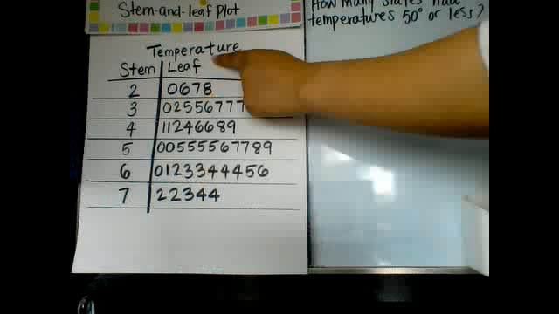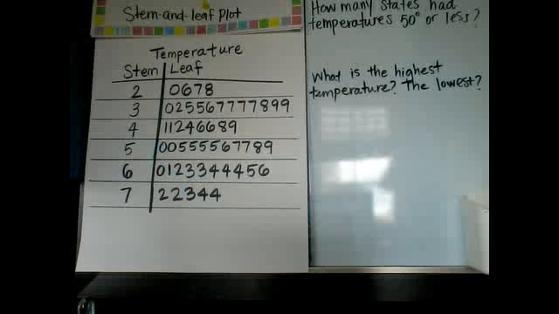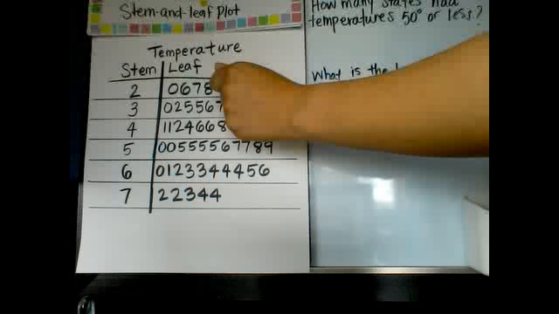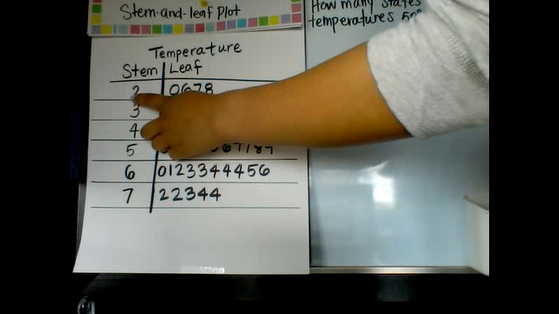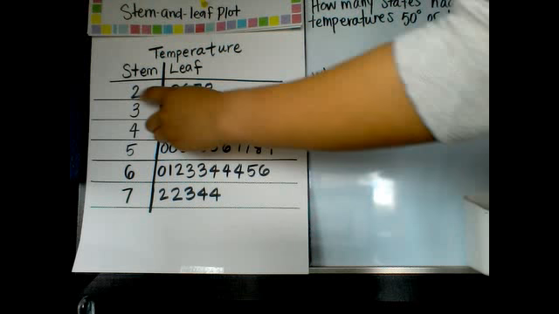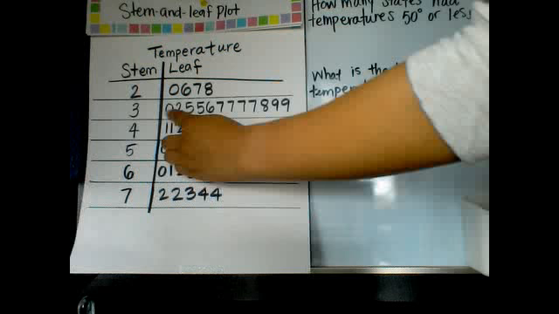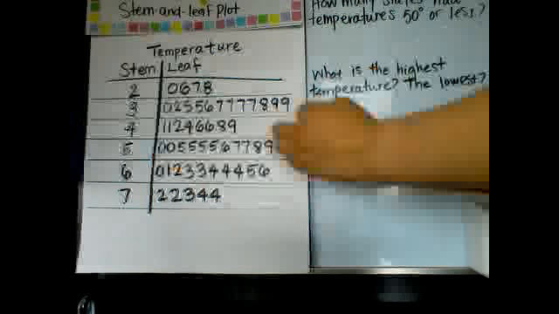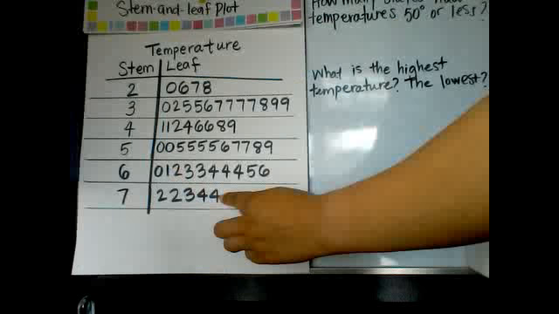These are different temperatures that were randomly chosen for each of the 50 United States on February 14, 2010 at 12 noon. So these are different temperatures taken on a particular day. So for this, on February 14th, a state had a temperature of 20 degrees, 26 degrees, 27 degrees, 28 degrees, 30, 32, 35, and so on. So we can see that 20 was the lowest, 74 was the highest, correct?